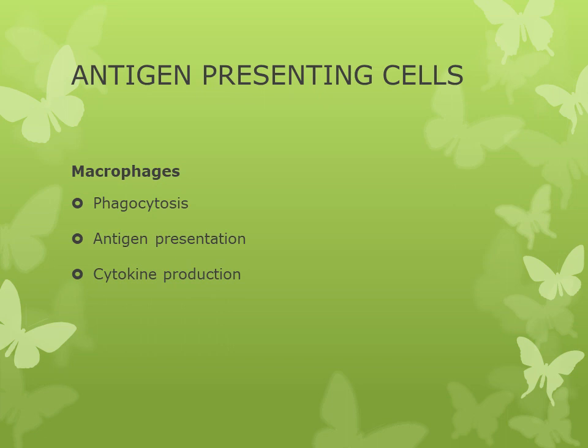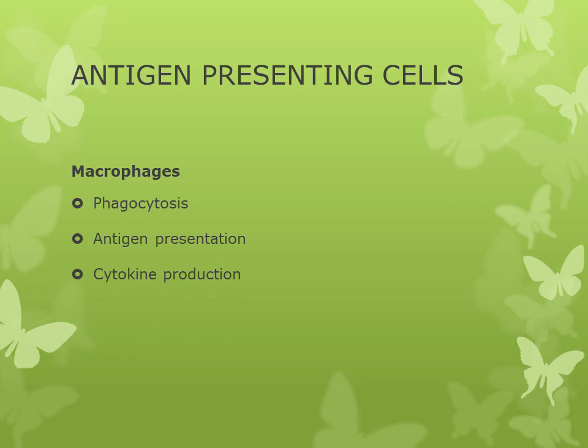So these two species, the reactive oxygen and reactive nitrogen species, help in killing of these microbes when they are phagocytosed, or when they are ingested by the macrophages. Similarly, lysosomal enzymes are also helpful in killing of the microbes once they are phagocytosed.